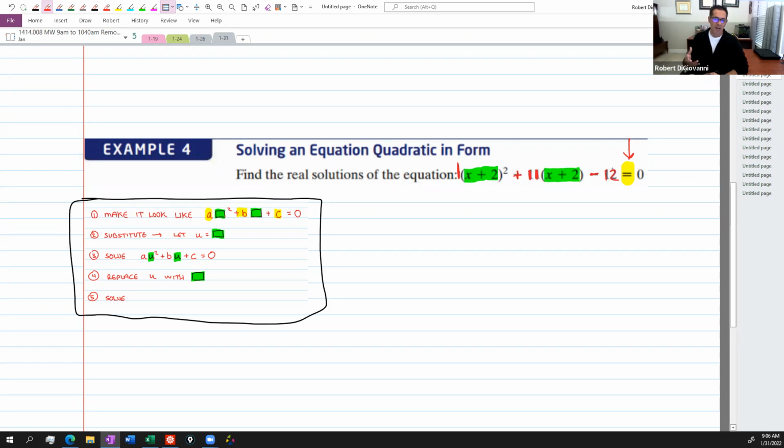So this looks a lot like a quadratic if we're willing to squint our eyes and see that this x plus 2 is kind of like a variable, right? And so that's the first step, is to recognize that this looks like a quadratic. The second step is to make a substitution, which would be to let u be equal to whatever that green box thing was, which was x plus 2 in this problem. And if I do that, then I can rewrite the equation.